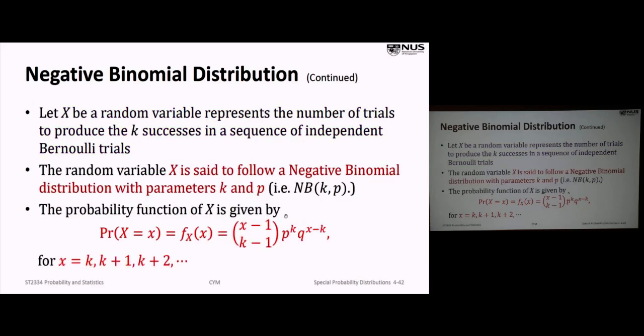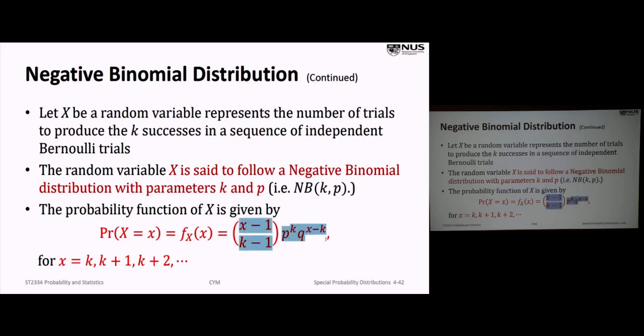In general, as we have said, I think this gets very fast to the conclusion, whereas it takes a lot longer to think about it. Suppose X is a random variable, the number of trials to produce k successes in a sequence of independent and identically distributed Bernoulli trials of success probability p. The random variable X is said to have a negative binomial distribution, and the two parameters are k, the number of successes, and p, the success probability of the Bernoulli trial, and this is the probability mass function.